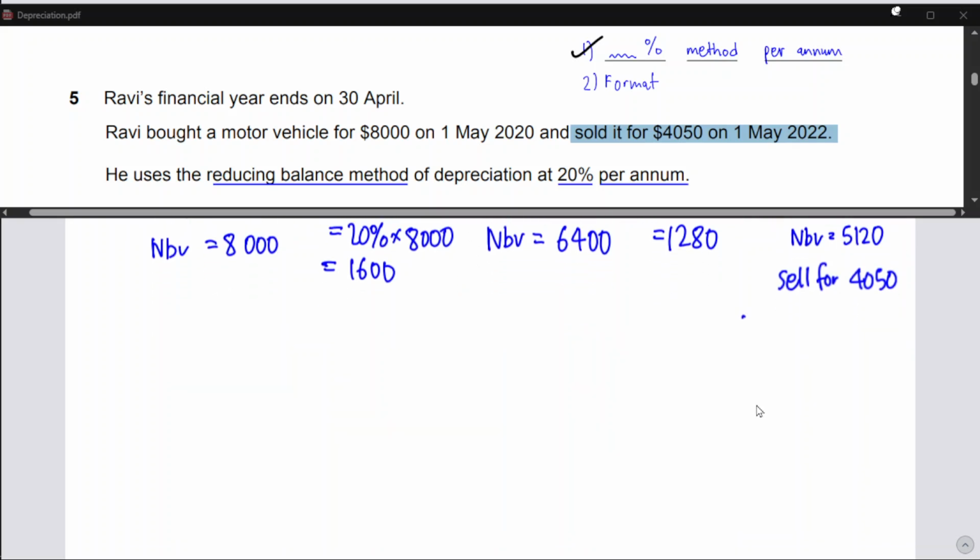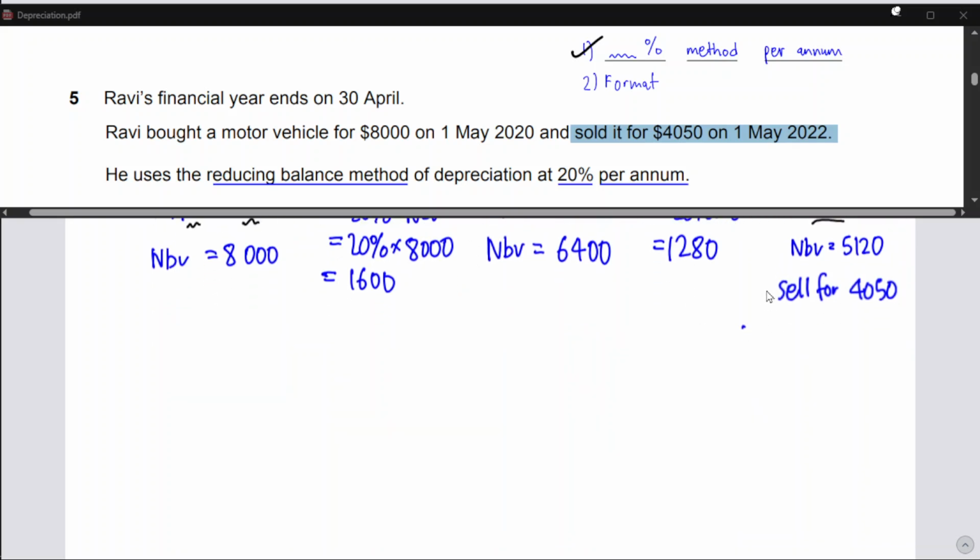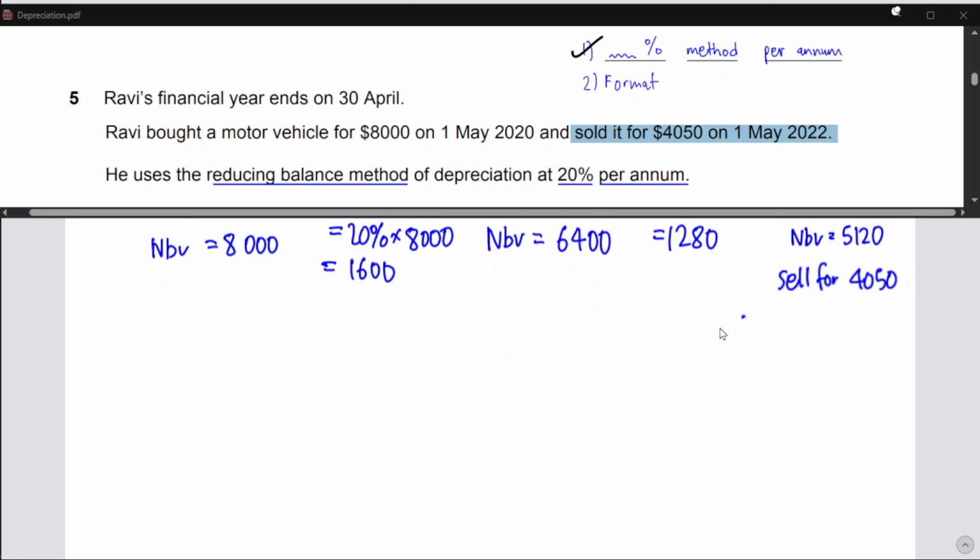To find the profit, by default profit is how much you spend and how much you receive, right?